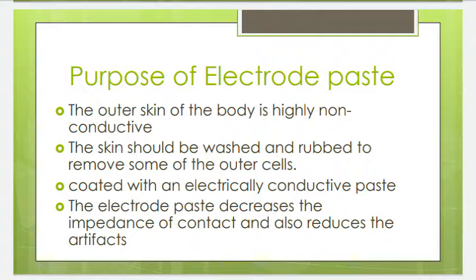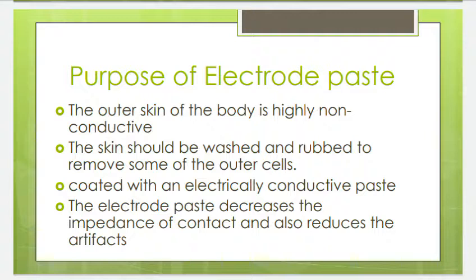This area is then coated with an electrically conductive paste called electrode paste. This electrode paste decreases the impedance of the contact and also reduces the noise. So if there are any noises, they will be reduced by rubbing the skin.